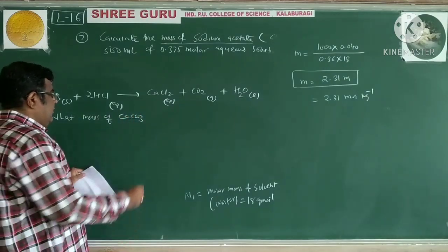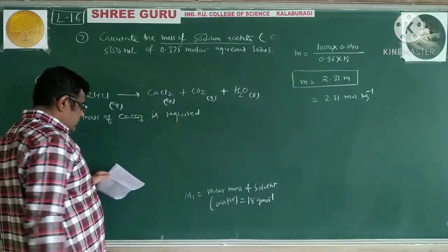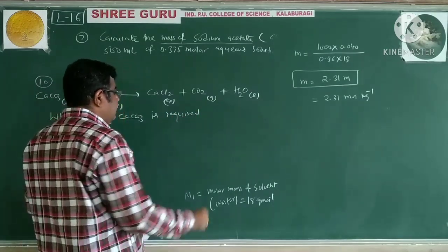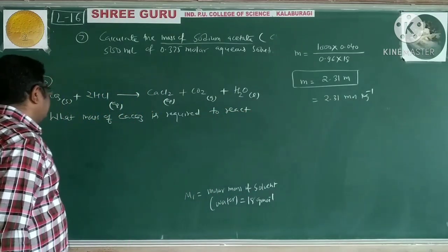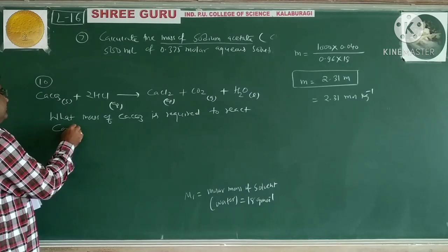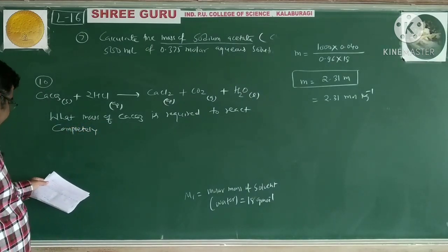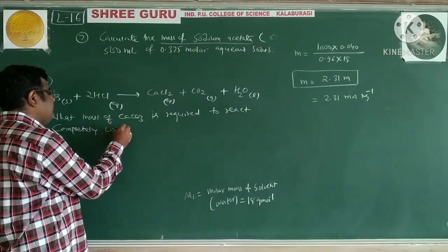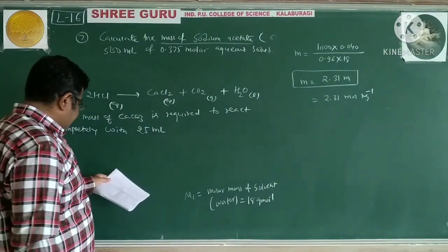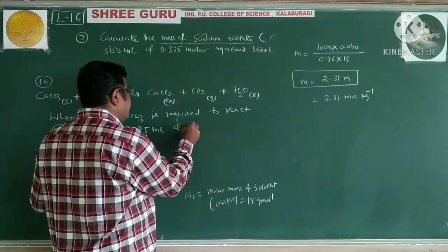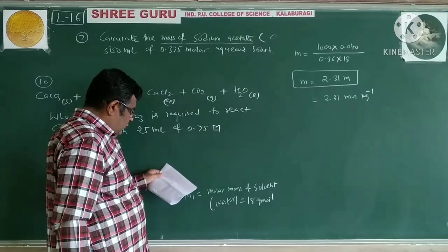What mass of CaCO3 is required to react completely with 25 milliliter of 0.75 molar HCl?